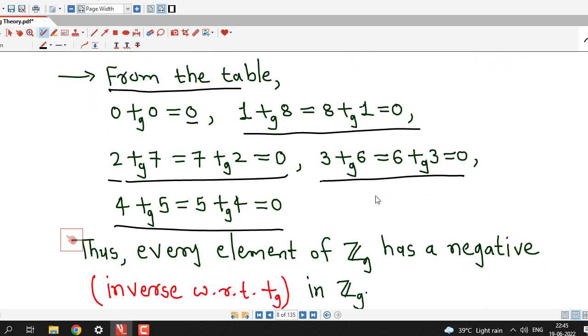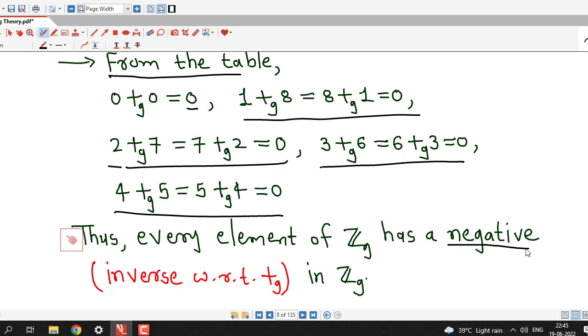That is, every element of Z9 has a negative or inverse with respect to addition modulo 9 in Z9. Therefore, Z9 is a group with respect to addition modulo 9, that we have proved.